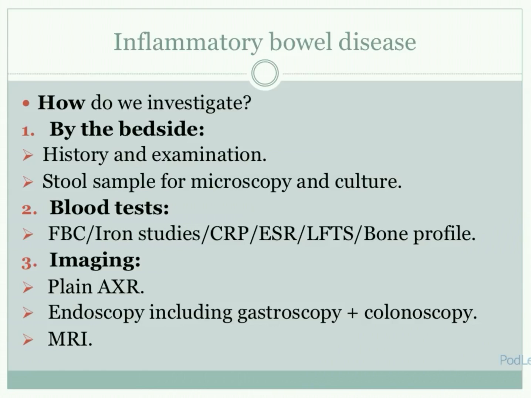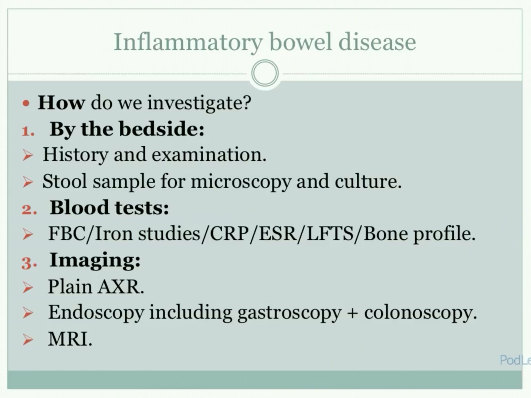In terms of imaging, a good starting point is a plain abdominal film. Moving on from this, endoscopy, including gastroscopy and colonoscopy, are crucial to diagnosis, as we can visualize the bowel well and also take biopsies for further analysis.